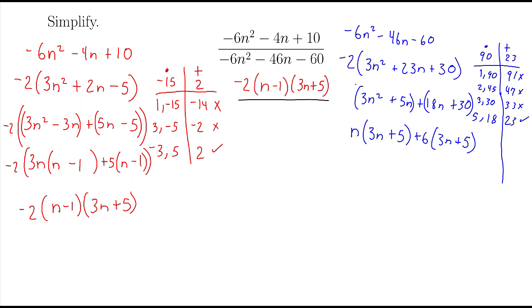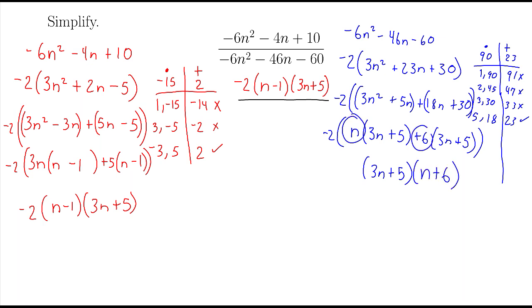Let's not forget the negative 2 hanging out here. Finally, 3n plus 5 is a common factor among these two terms, and n plus 6 are the terms on the outside. And don't forget about the negative 2. So negative 2 times 3n plus 5 times n plus 6.